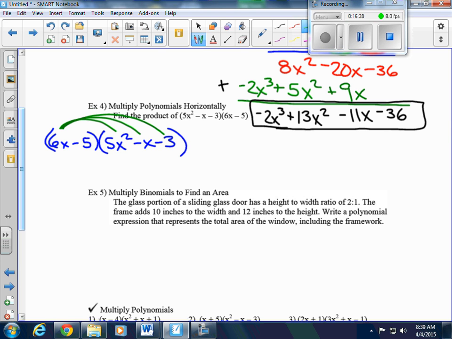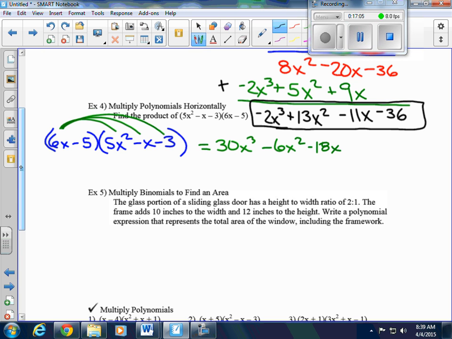So 6x times 5x squared is 30x cubed. And then 6x times negative 6x is negative 6x squared. And then 6x times negative 3 is negative 18x.